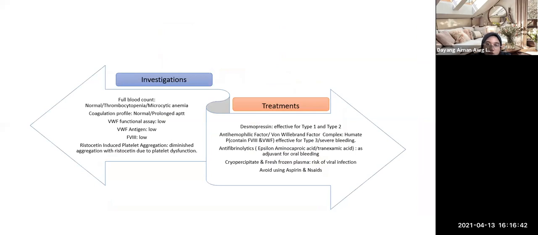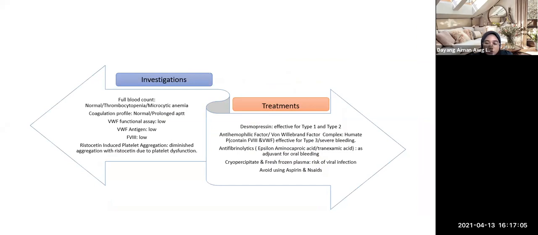In von Willebrand disease, we can specifically investigate for von Willebrand factor activity and von Willebrand factor antigen, where we suspect a low number of von Willebrand factor, and also factor VIII, because von Willebrand factor is involved in the release of factor VIII.